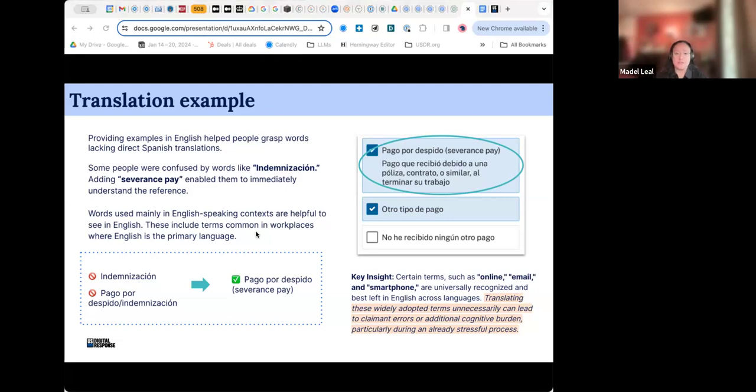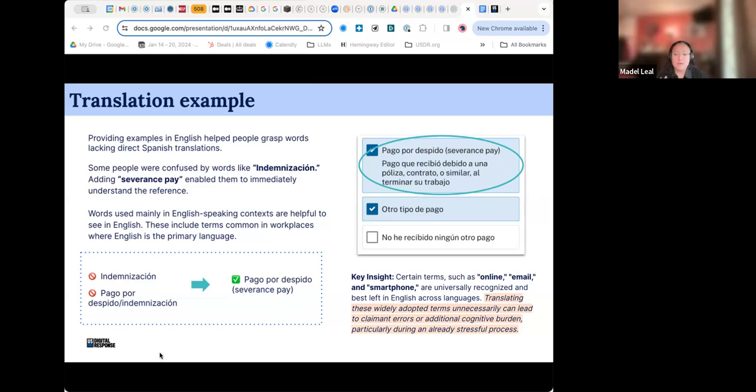So here on your right, you'll see the example of pago por despedido, and in parentheses, severance pay. It allowed Spanish-speaking claimants that had that reference point to be able to understand it on a more comprehensive level.